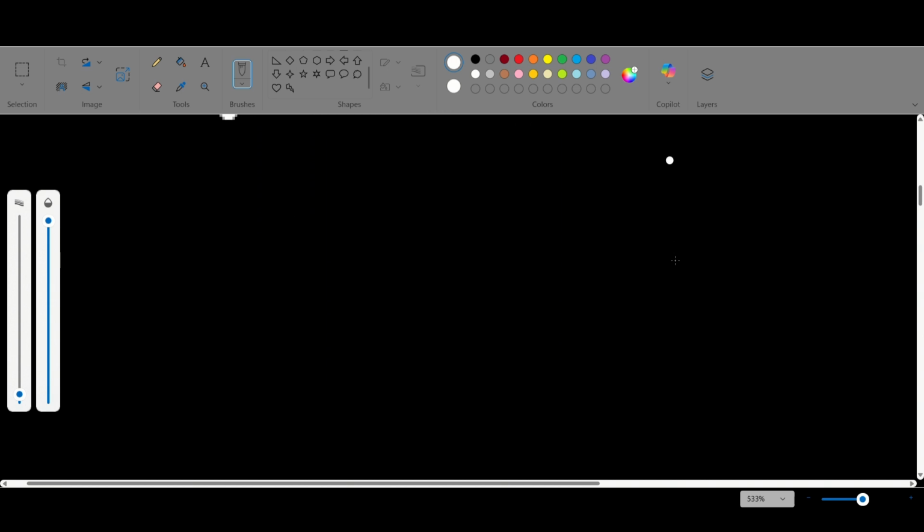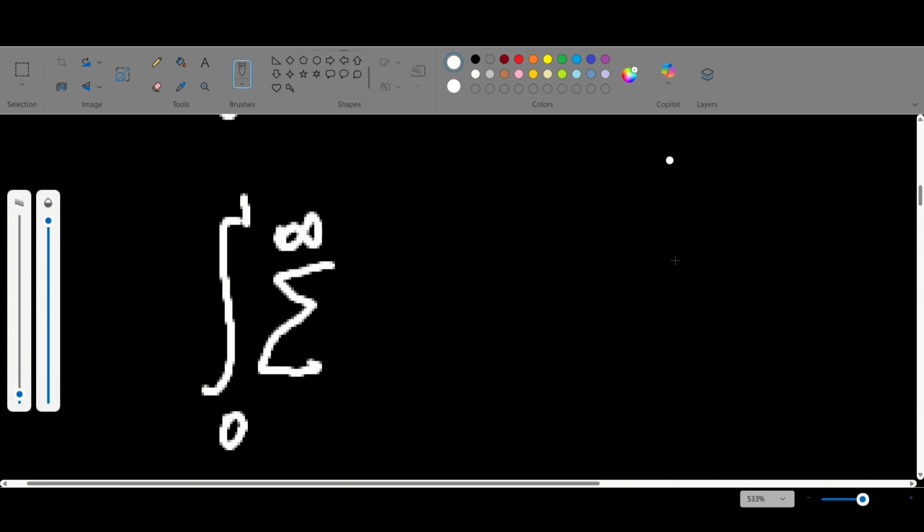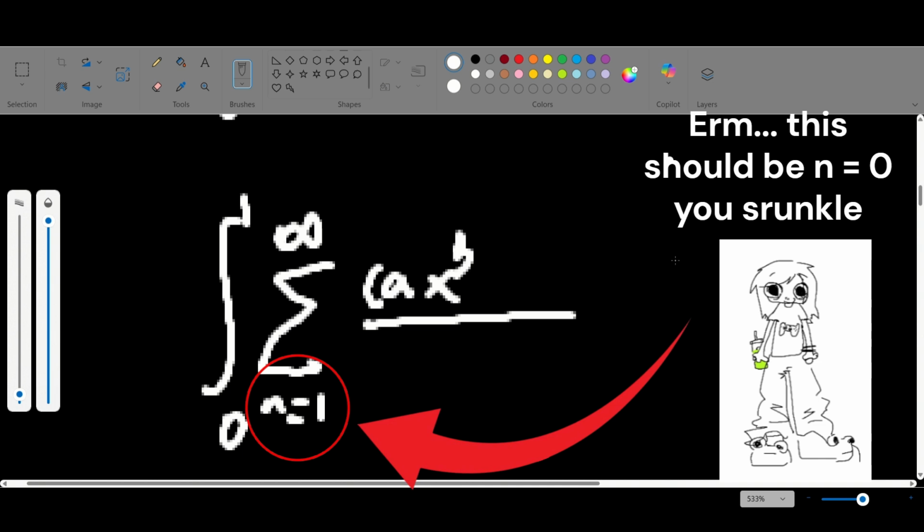And then from here, we can just use the series expansion of e to get the infinite series of a times x to the b times the natural log of x, all to the n, divided by n factorial.